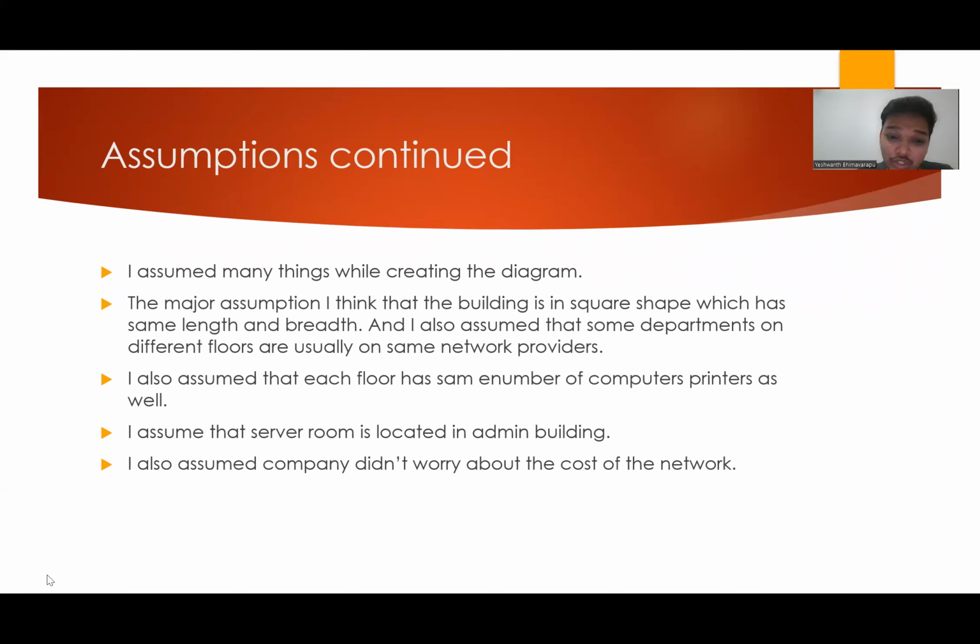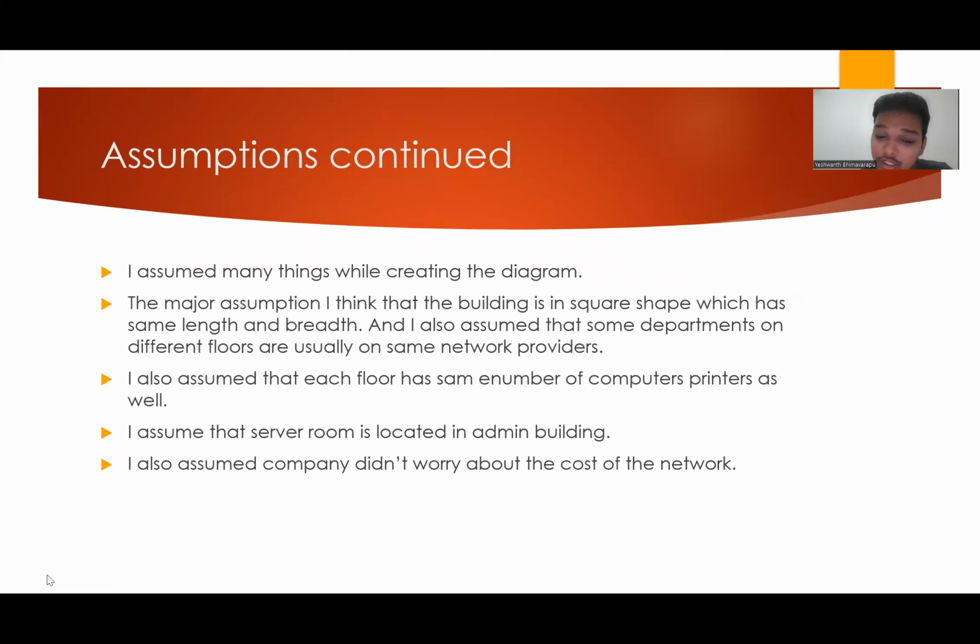I also assume that the company doesn't worry about the cost of the network. The major thing is that the company doesn't have to worry about the cost of the network. If the company worried about the cost, then we might need to build the network in a very low cost or low budget way. But I think the company does not think about low cost maintenance frequency, something like that.